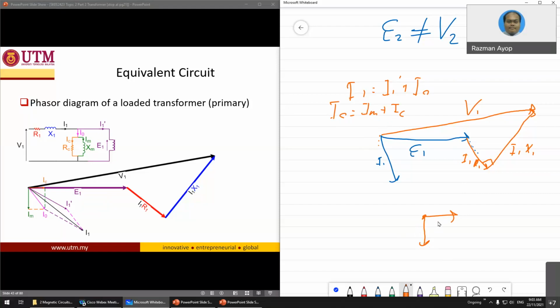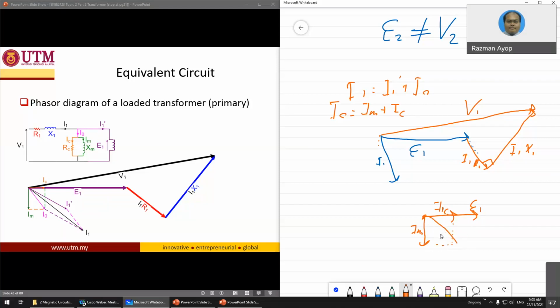I core is similar to E1 because it is in parallel. So this is I core, this is Im, and this is E1. IC is resistance, so it is parallel, and this is inductance.